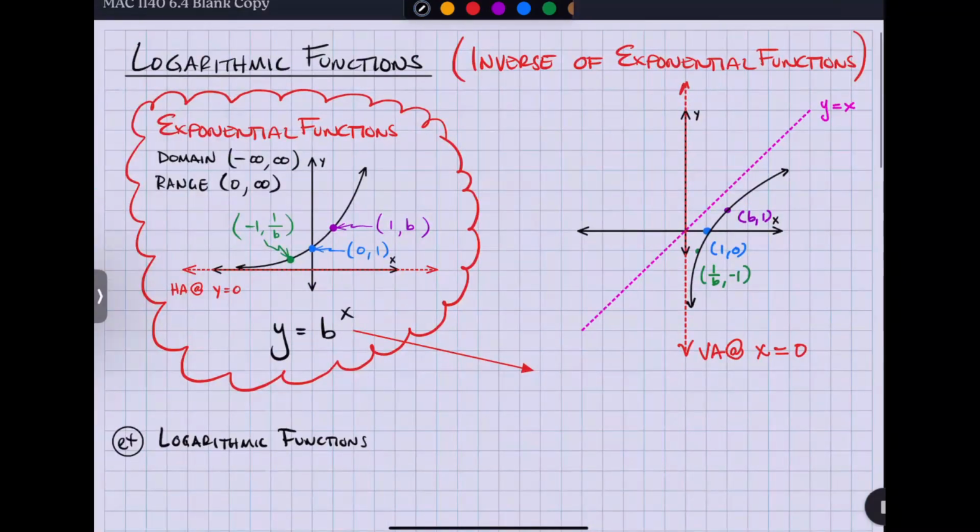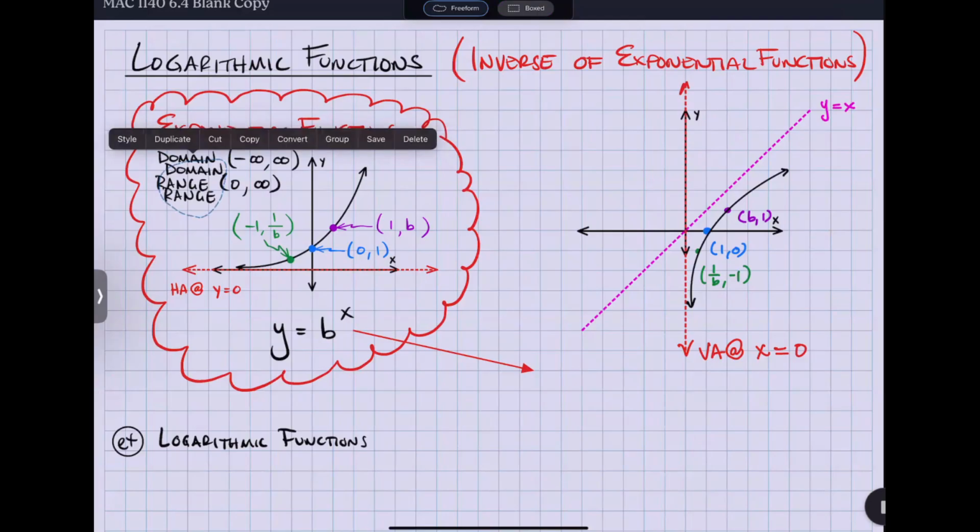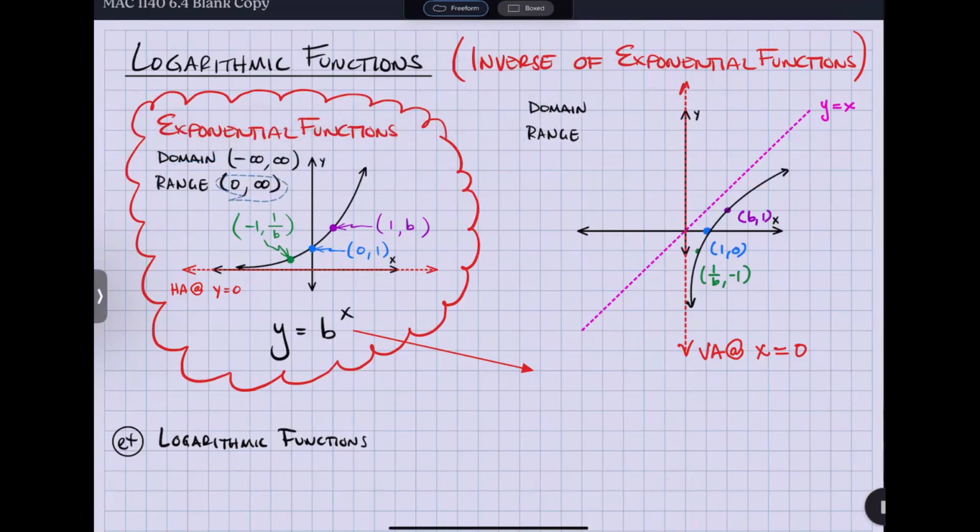And someone just said something about domain and range. What did they say? It switches. So the range is now the domain, and the domain becomes the range. So what does a domain of 0 to infinity mean?